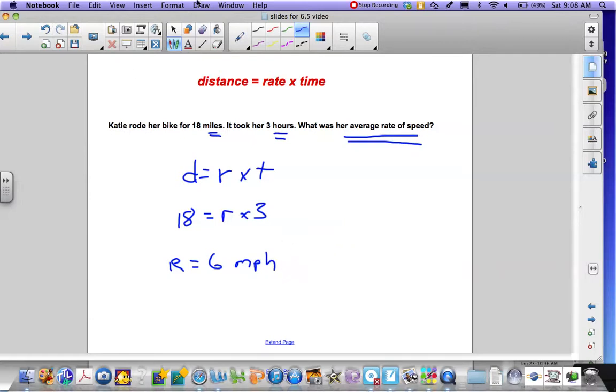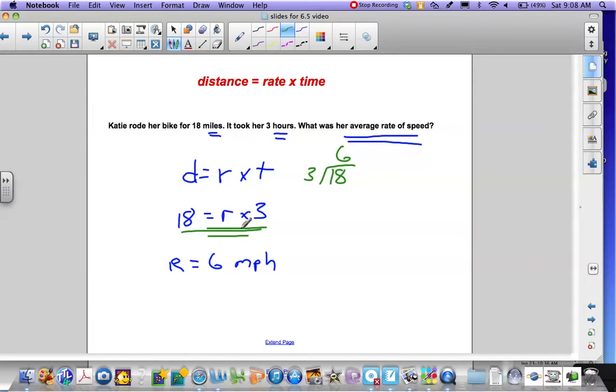Now, got to listen carefully here. What if you didn't know what number times 3 gave you 18? You could figure it out by doing 18 divided by 3 is 6. Multiplication and division are inverse operations. So to figure out R, you could have done 18 divided by 3 gives you 6.